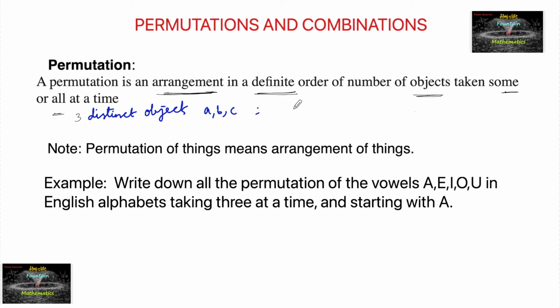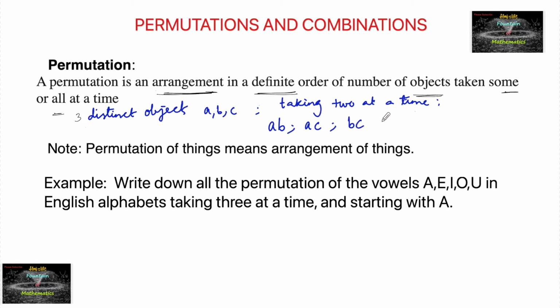Now, taking two at a time, the number of ways we can arrange two things from the total three things. So how many ways can we write here? First I can write AB, this is one arrangement, and AC, this is another arrangement, and I can write BC.